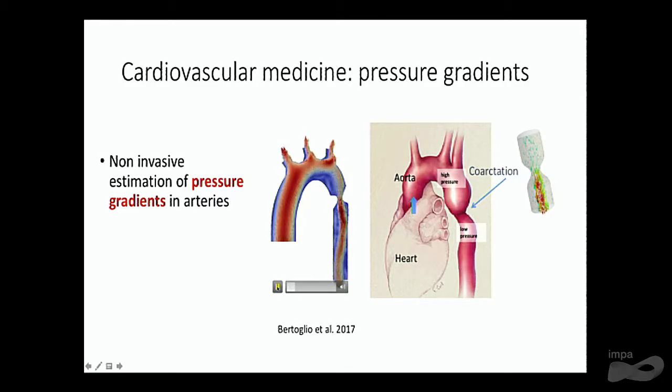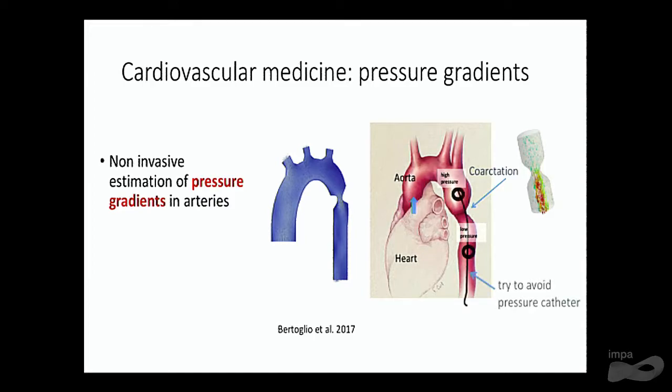This is a simulation we did with a student and a colleague. So you have a coarctation, so you have a high pressure gradient before and after the coarctation, and the idea is to estimate this pressure without an intervention.